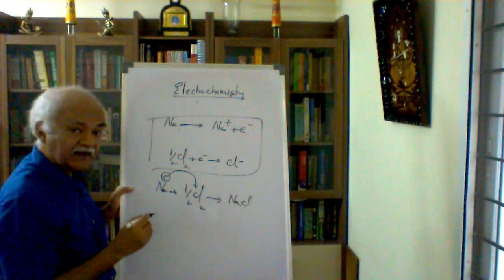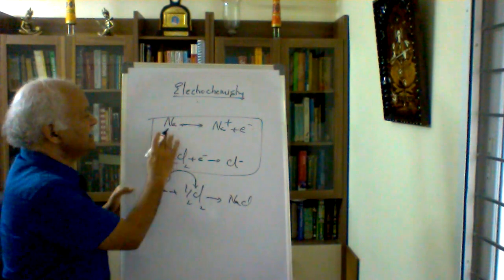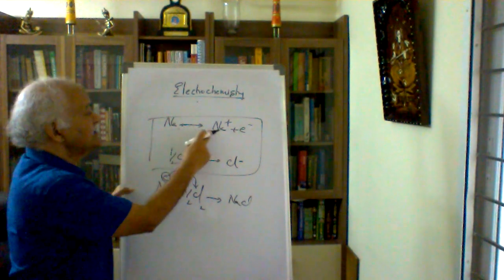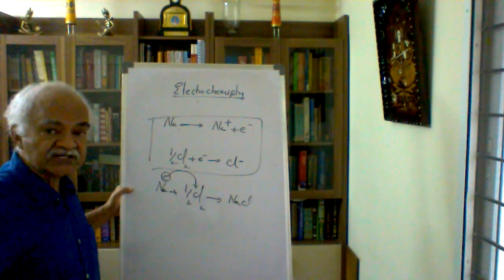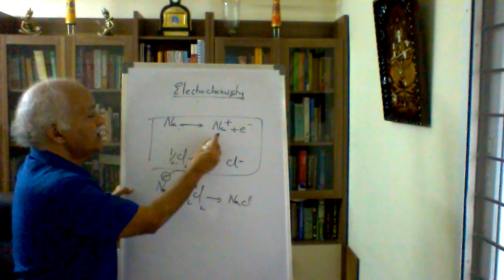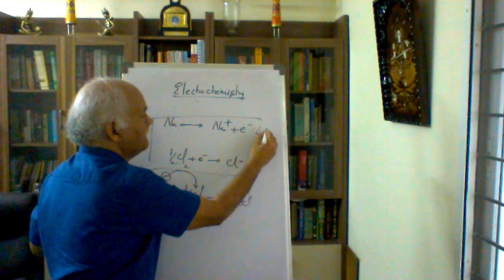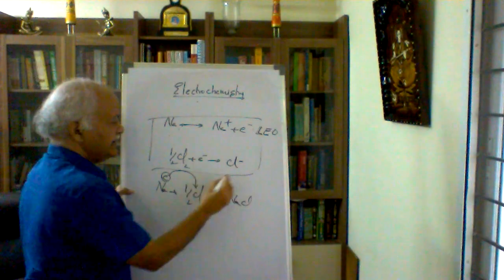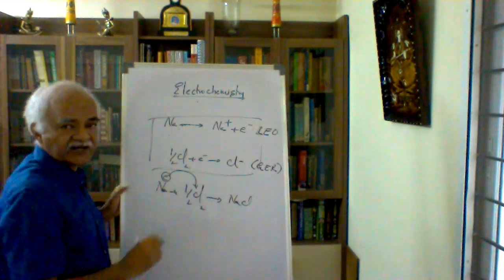So if you look at sodium, is it undergoing oxidation? What is oxidation? Where there is an increase in charge. All those reactions where electrons are lost are called oxidation. I will use an acronym here, LEO, that is, loss of electron is oxidation. And this is GER: gain of electron is reduction.